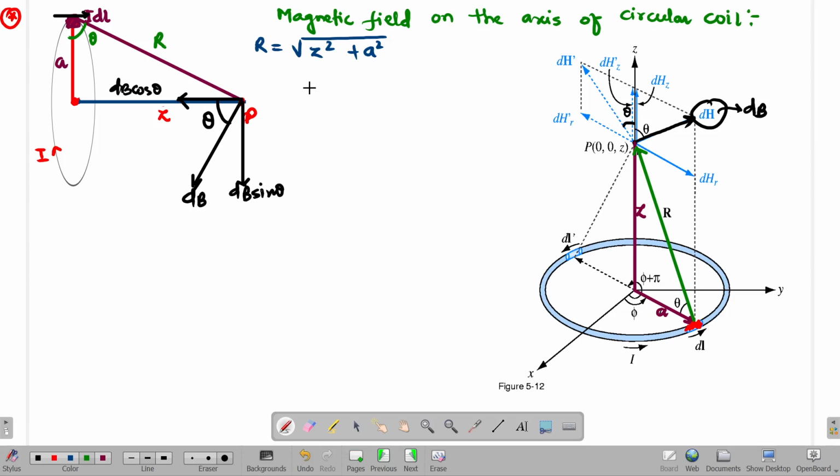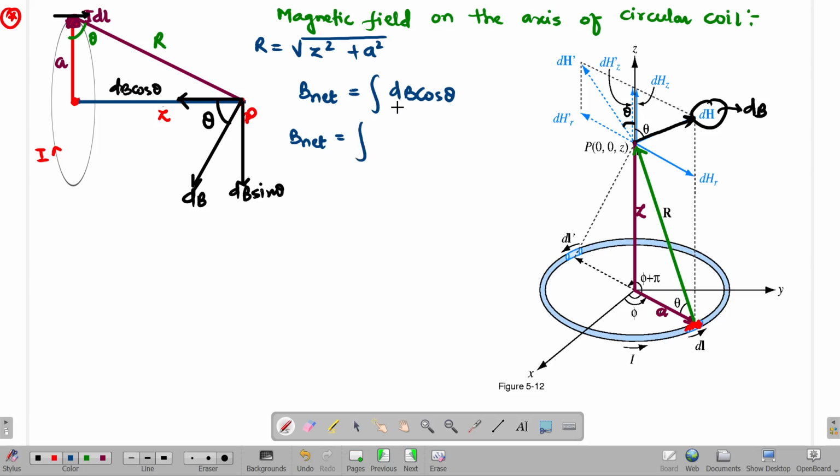Therefore, if I write the net magnetic field, it will be the integral of dB cos theta. Are you able to get me? So B net will be equal to what?